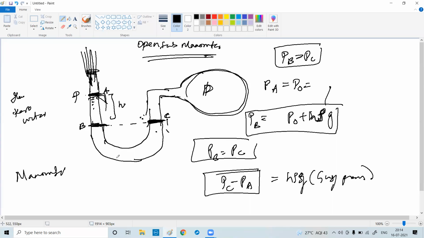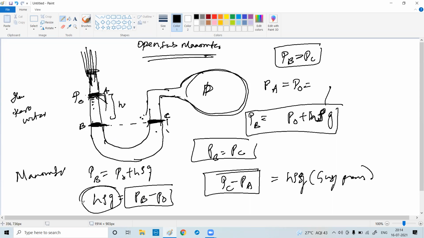Okay, and how do you find it out? You know the pressure P naught. You find out the value of PB. Your PB will be nothing but P naught plus h rho g. Then your h rho g is PB minus P naught. So the difference is this much. You just multiply h, rho and g, and you call it gauge pressure.